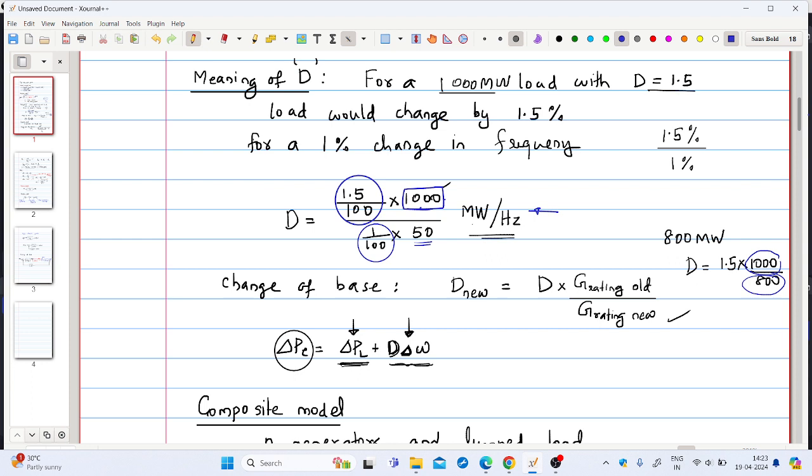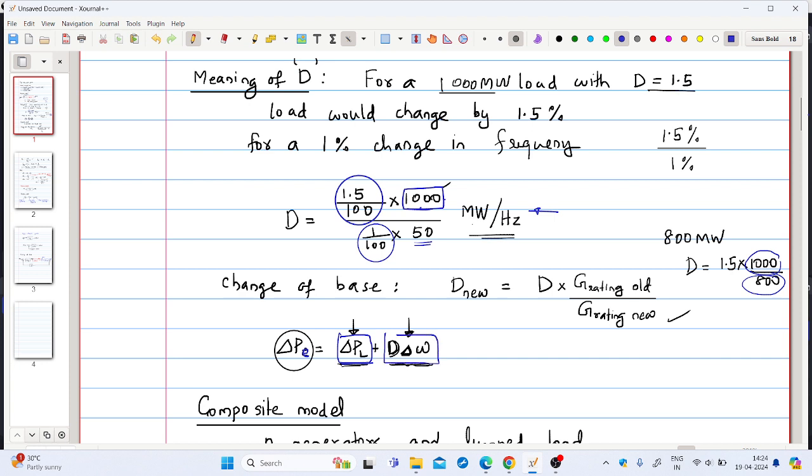Now coming to the total change in electrical power output of the generator, there are two components. One is due to the frequency independent loads, delta PL, which may be due to lighting loads. Some loads will change independent of frequency, and that is denoted by this term, whereas some other loads will depend upon frequency.